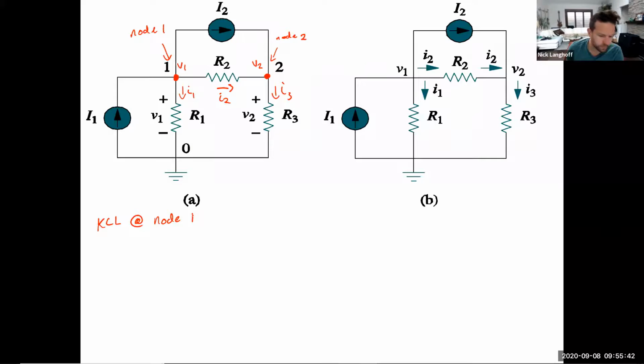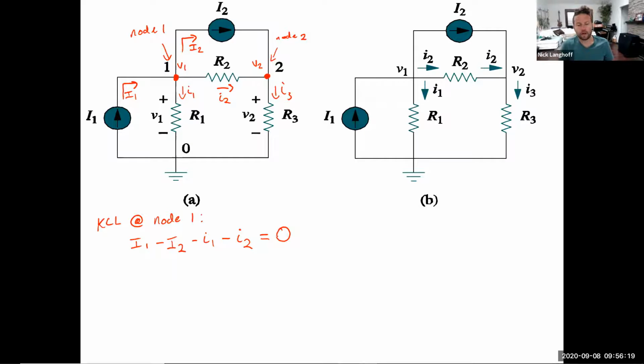So KCL at node 1, we've got capital I1 coming into the node. We've got a capital I2 going out of the node, so you get a minus I2. And then little i1, we already drew it as leaving the node, so it's a minus. Little i2, we drew it as leaving the node, so it's a minus. And that is all the currents in and out of the junction. And that's our equation 1.